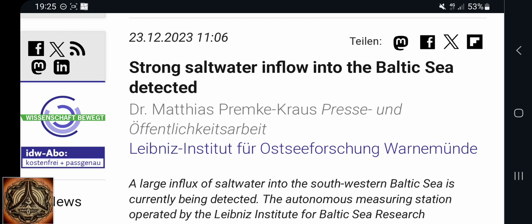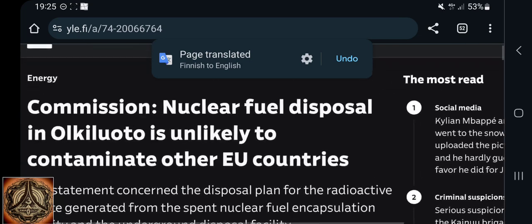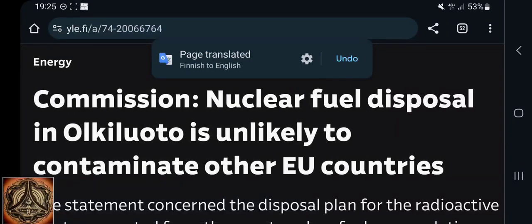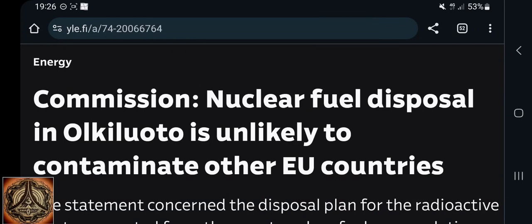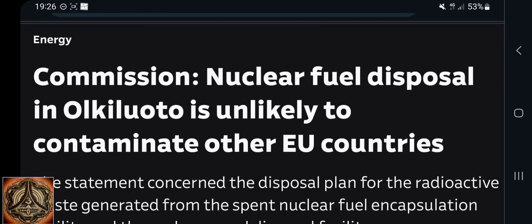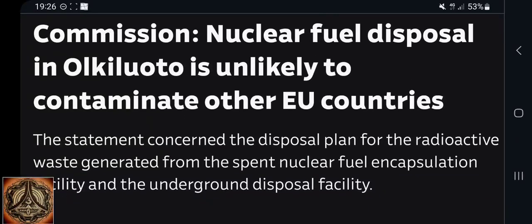Yeah, let me show you still one other thing. So I just made Google translate this for me. Energy. Commission: nuclear fuel disposal in Olkiluoto is unlikely to contaminate other EU countries. Unlikely.